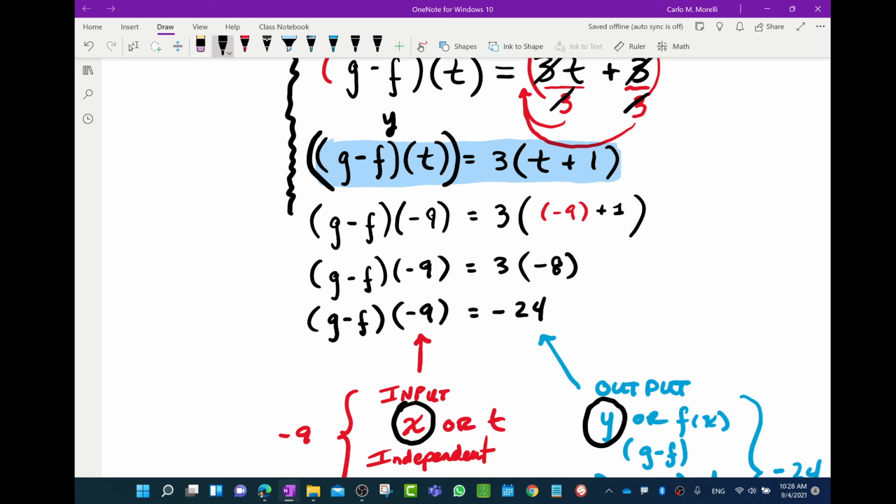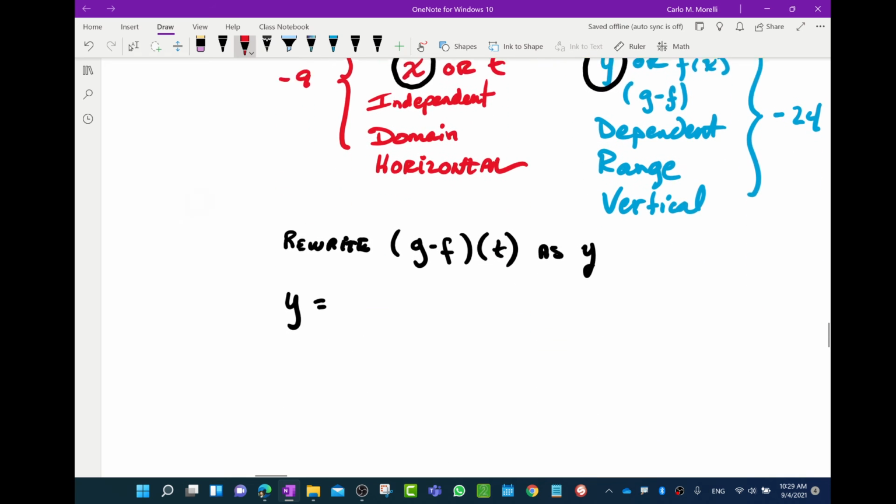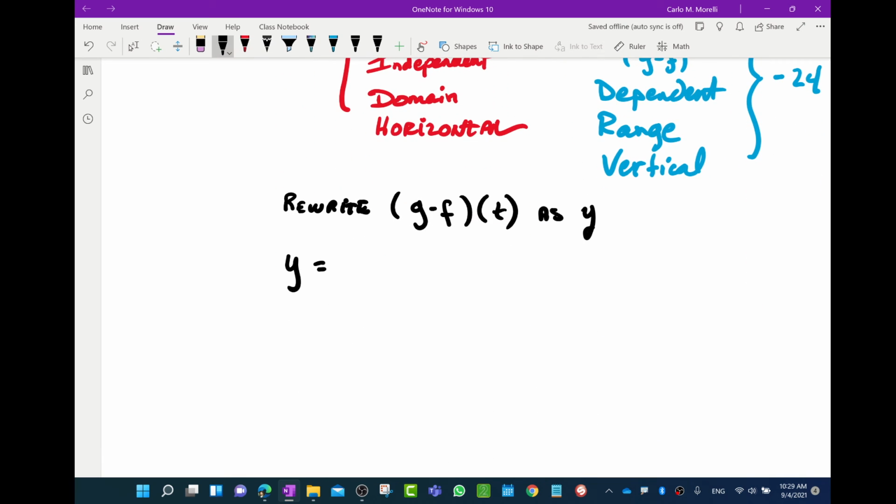Y equals 3, open parentheses, and then to turn this into an equation that we can graph in Desmos, we're going to replace that t with an x. So y equals 3, open parentheses, x plus 1, close parentheses.